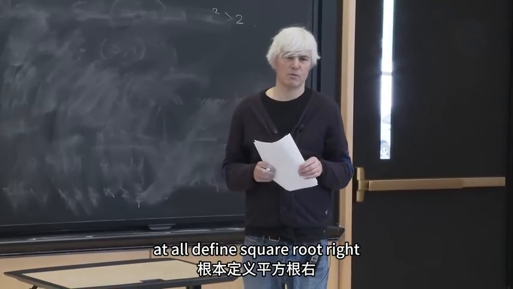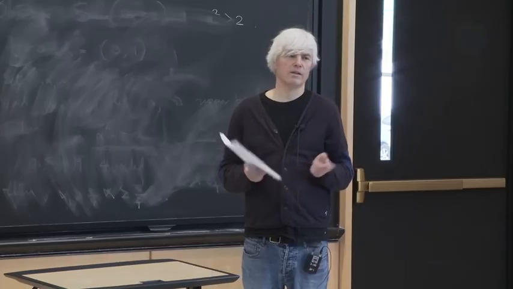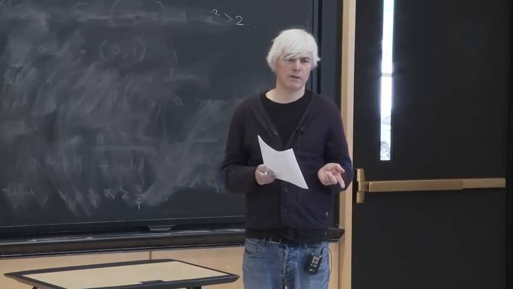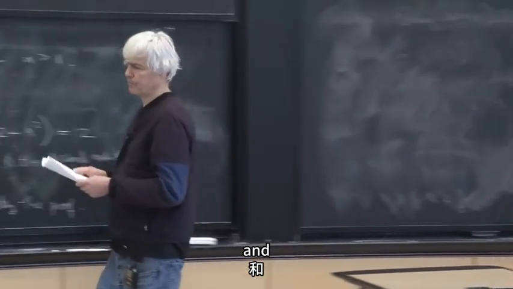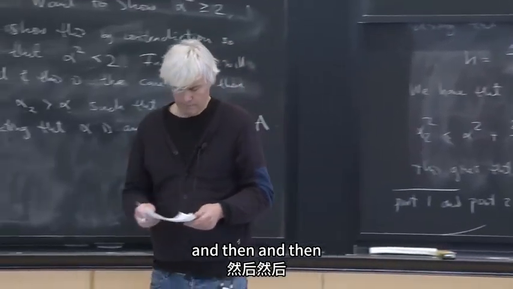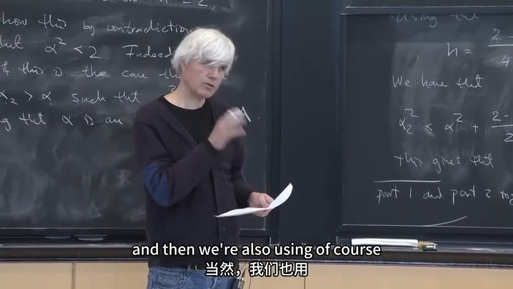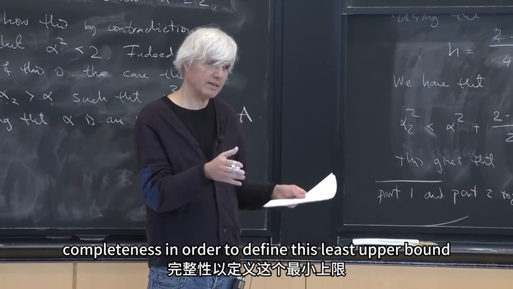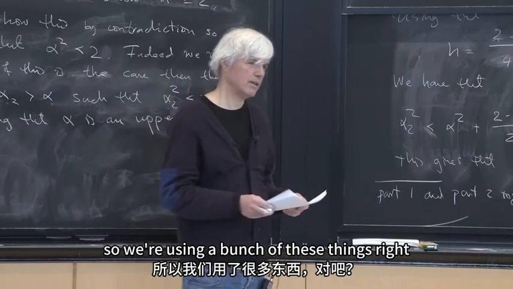And also we're using that one is bigger than 0. And then we're also using, of course, completeness in order to define this least upper bound. So we're using a bunch of these things.